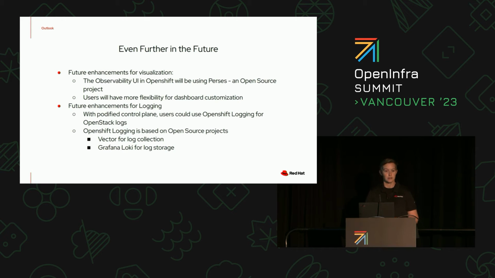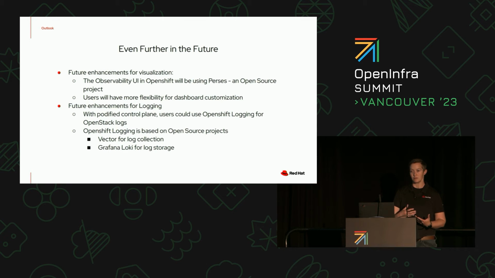Also, with the movement to 18, since we're going to be running on top of OpenShift, our Kubernetes platform, it gives us more options for logs. You can pretty quickly use logging within OpenShift to gather your control plane logs. OpenShift logging is based on Vector for log collection, which is an open source product, and also Grafana Loki for log storage.